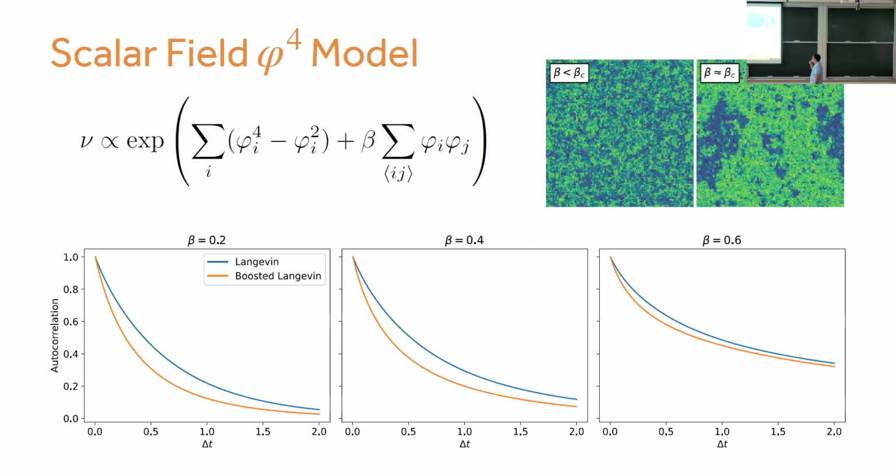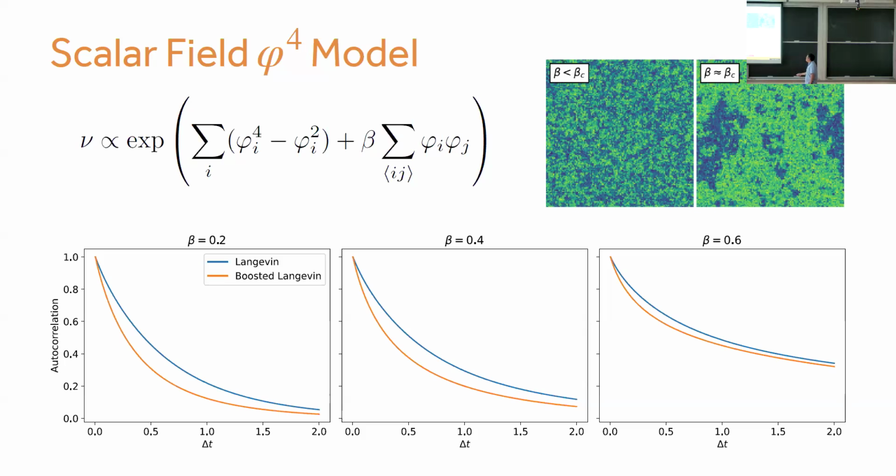We also have another example for the sampling task, which comes from statistical physics, called the scalar field phi-four model. We can interpret it as posterior sampling if we view the first part as a prior and the second part as a likelihood in quadratic terms. People know that as beta, the inverse temperature, increases, there will be strong correlation of the field, and the target distribution becomes much more difficult to sample.